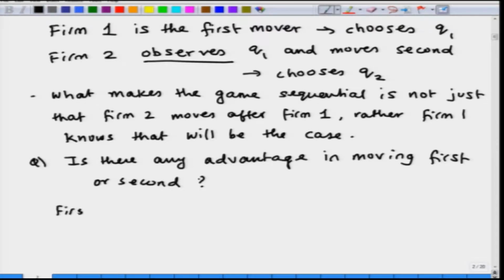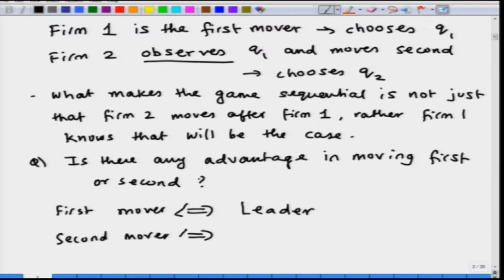Now, the firm which moves first, the first mover, is also called the leader. The firm which moves second, which is firm 2, the second mover, is called the follower. So, sometimes we use the terms analogously. We will use the first mover, or we will simply call it the leader. In this case, it is firm 1, or we may simply use the word follower or second mover. In this case, it is firm 2.